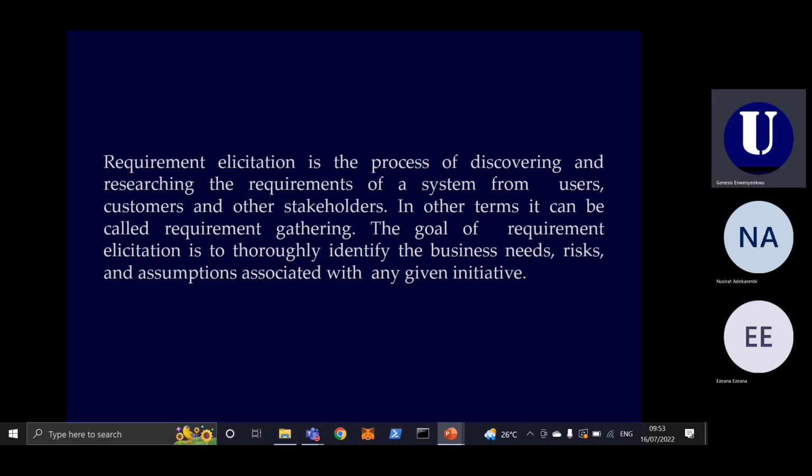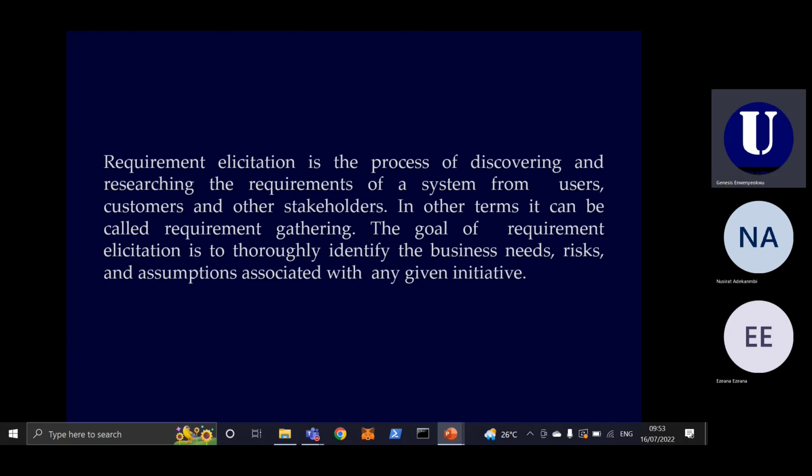So simply put, requirement elicitation could be the process of discovering, identifying, researching requirements of a particular solution or of a particular change or of a particular initiative from stakeholders. Stakeholders involve users, customers, sponsor, project managers, domain subject matter experts, implementation subject matter experts, all of that.